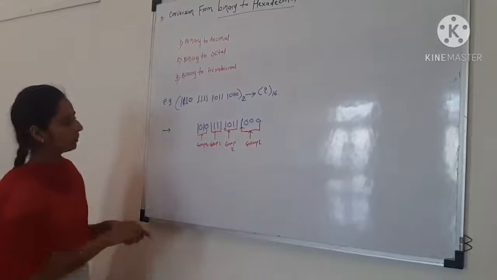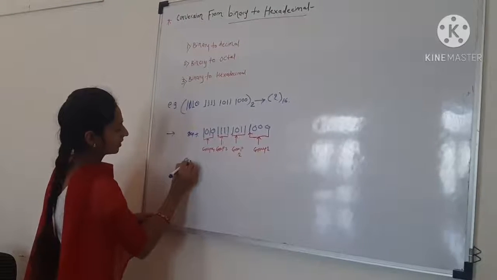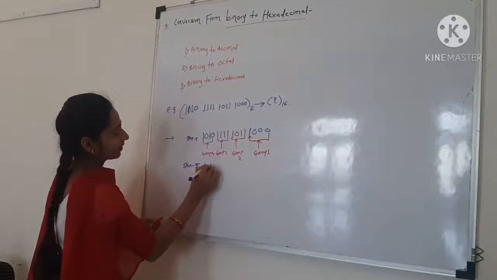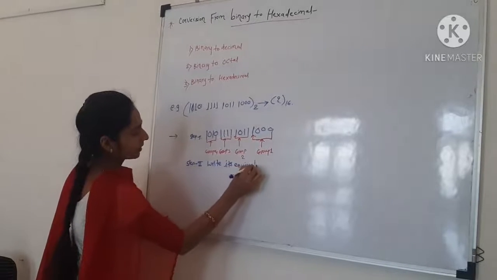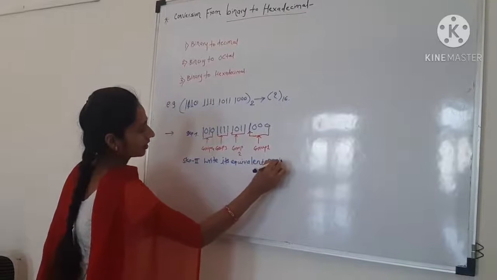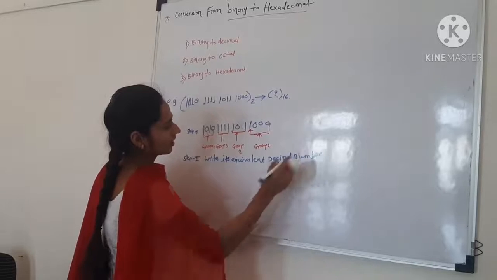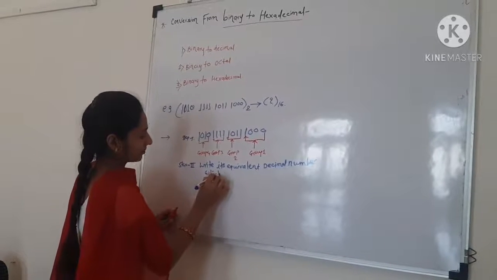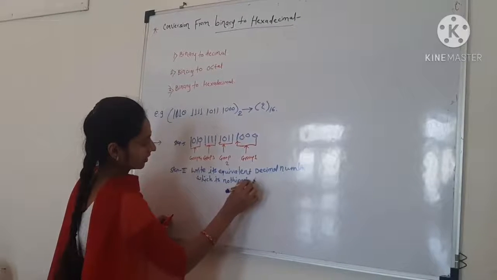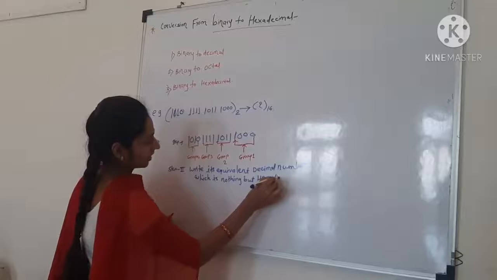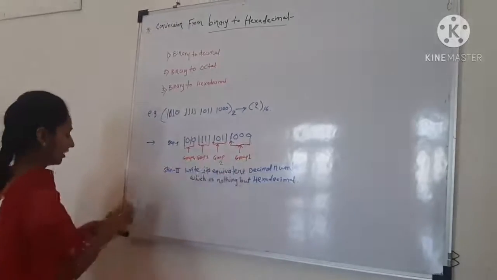After doing the grouping, the next step is to write its equivalent decimal number, which is nothing but the hexadecimal digit.